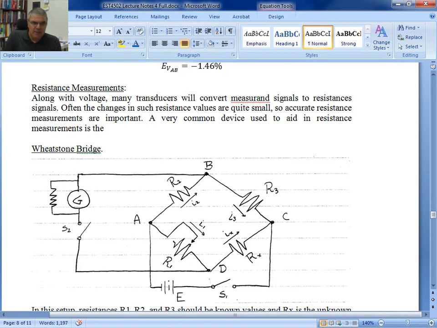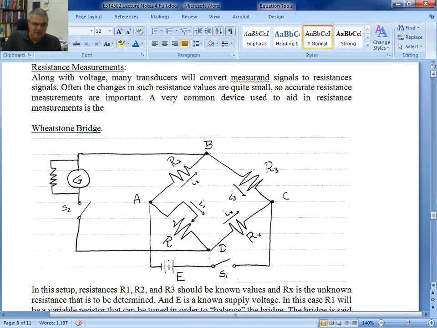It's very important to realize that, and often the changes in such resistance values are quite small, so it is pretty accurate. So we use the Wheatstone bridge to perform such calculating of a resistance.